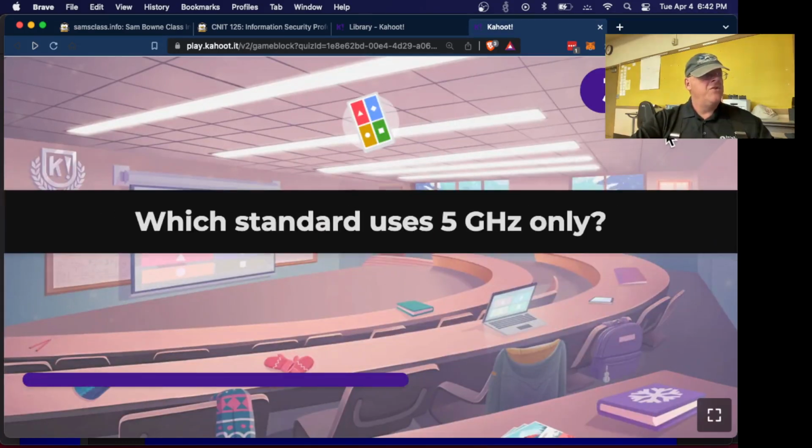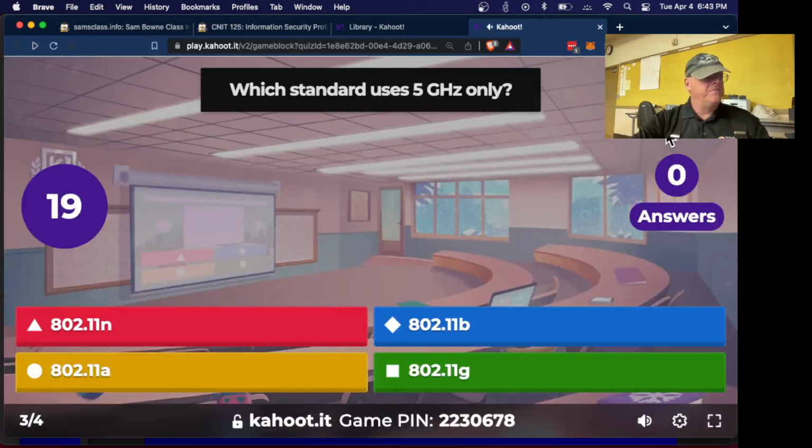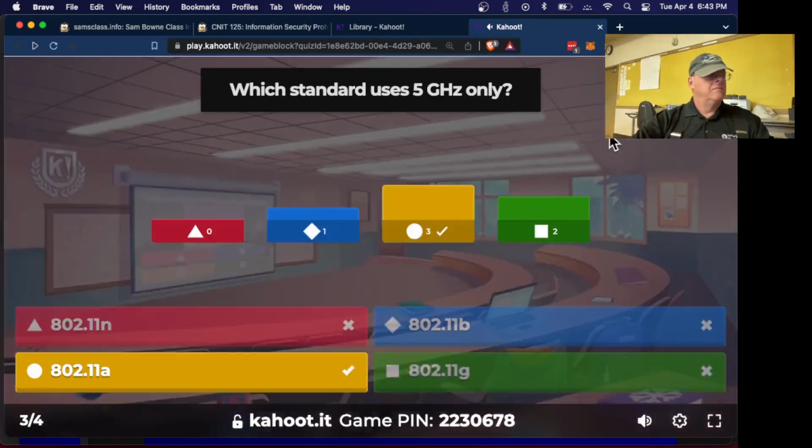All right, and which standard goes on 5 gigahertz only? And that was 802.11a.